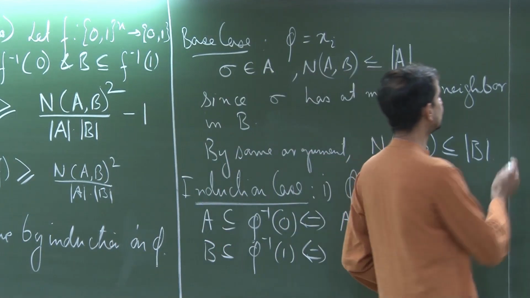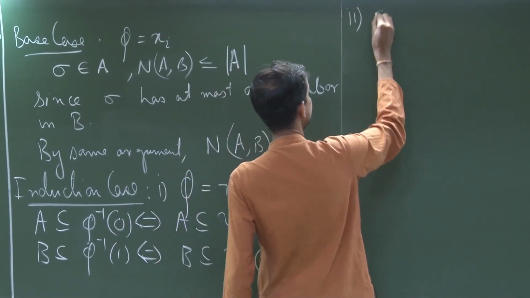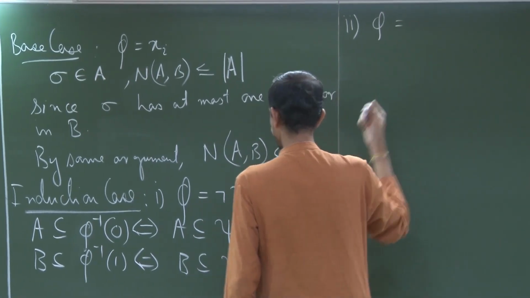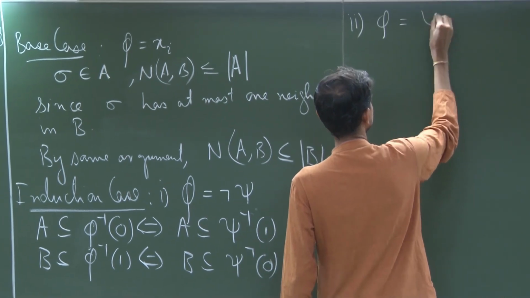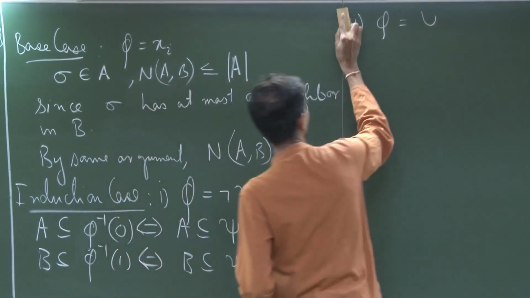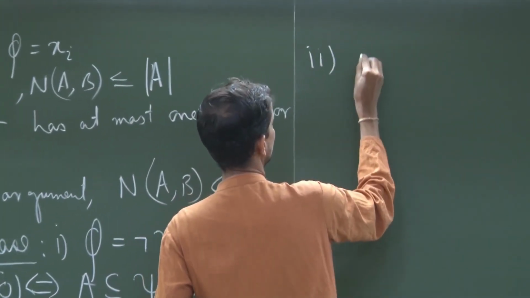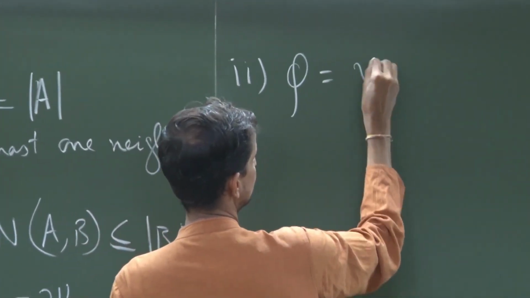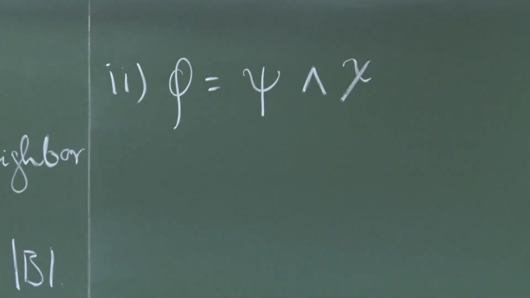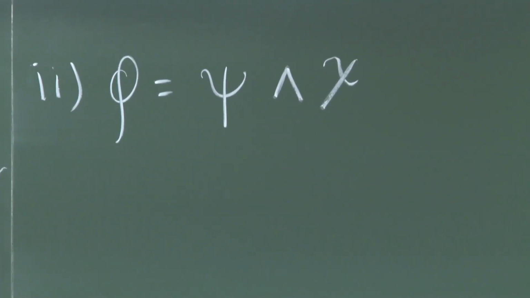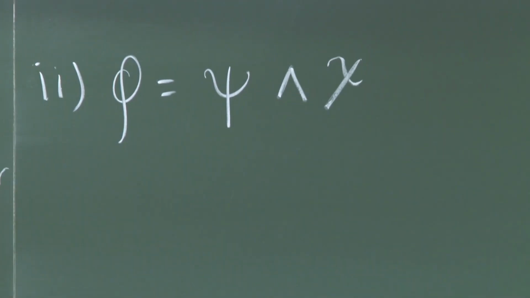Okay. Now, let us look at the more interesting case when phi is equal to AND of something. Let me just write it a little lower. Phi is equal to psi AND some formula chi. Okay. So, if this is the case, let us try to rewrite this.